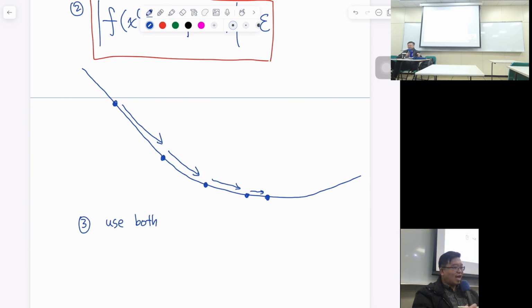So in that case, if you have both criteria being used, optimization will continue to move until there's no movement. So you will see more iterations. So it really depends on how many iterations you want. So there's also another criteria, maximum iteration number.